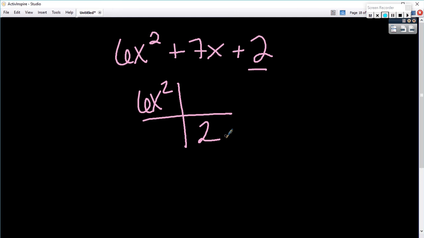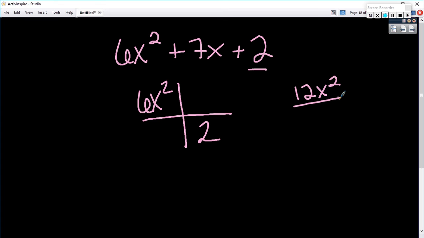You multiply these two together. I need two things. This is the puzzle of it. I need two things that multiply to this, but add to this. If you don't know, you can start listing out.